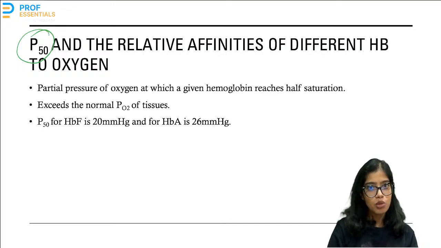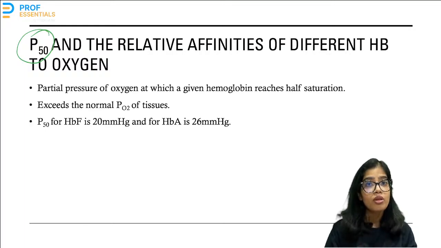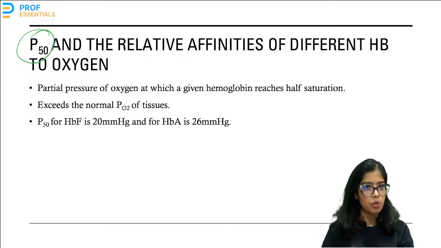Adult hemoglobin may have different affinity for oxygen compared to fetal hemoglobin, compared to embryonic hemoglobin, compared to the minor form of adult hemoglobin. Therefore, P50, or the partial pressure of oxygen at which this hemoglobin reaches half saturation, that is, half of this hemoglobin molecule is saturated, is called the P50 of that hemoglobin.